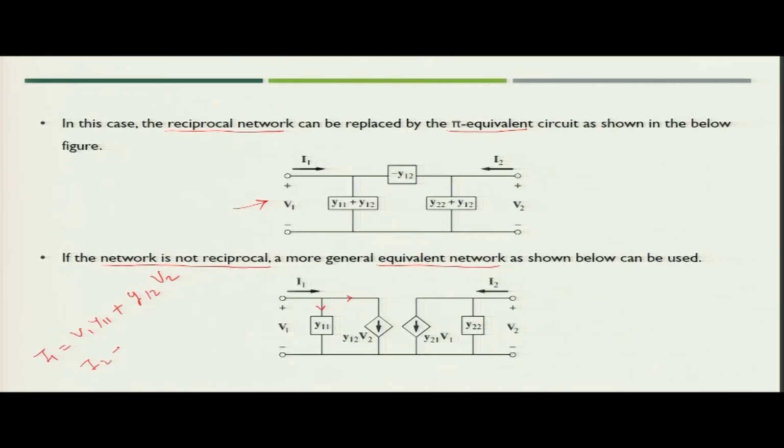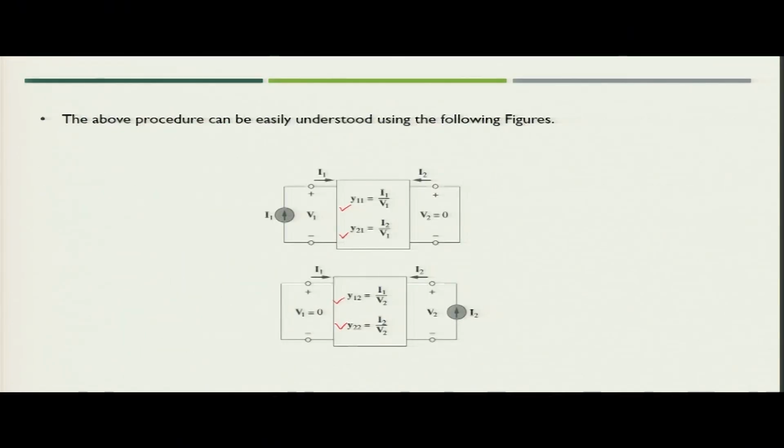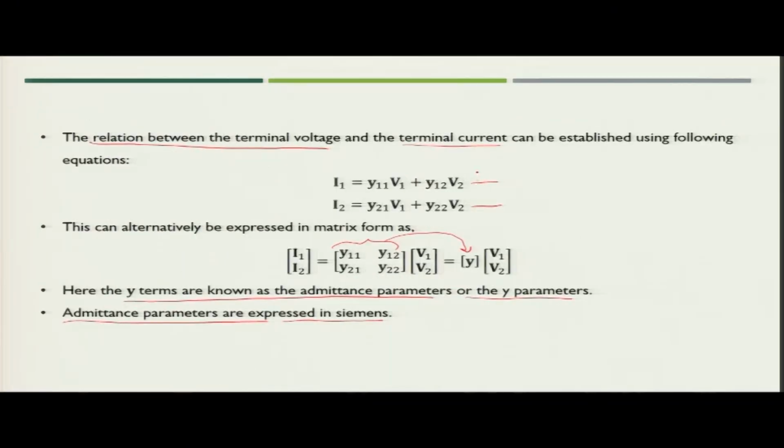Similarly, for the value of current I2, if you see this figure, the current flowing through this leg would be V2 into Y22, plus the current flowing in this leg, which would be equal to Y21 V1. These two equations are nothing but the equations which we discussed in our previous slide.